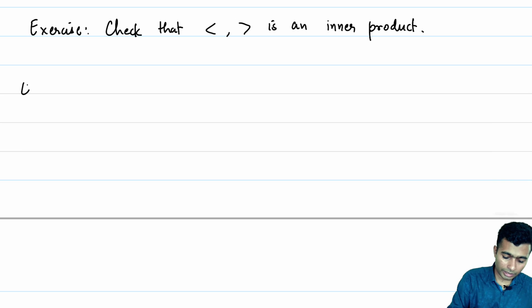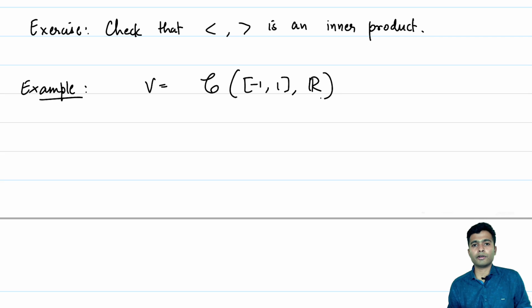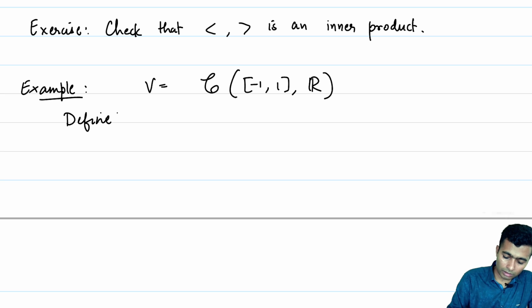Let's look at another example. This time I would like to consider V to be C of minus 1, 1 to R, again real valued functions from minus 1 to 1, and define the inner product of f comma g.